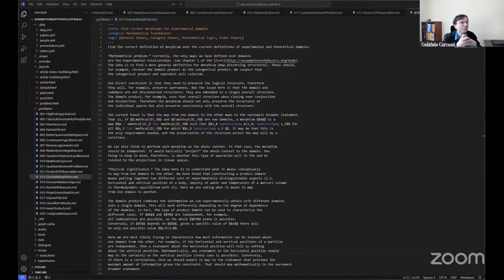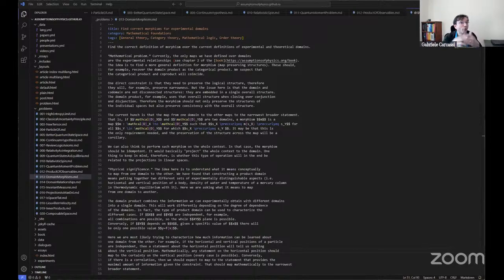So, for example, if you know the temperature of water, then you're going to be able to reconstruct the water density, but not the other way around because the same water density can be achieved with different temperatures. And so you have this domain that is a function of the other domain, that there is a dependence.